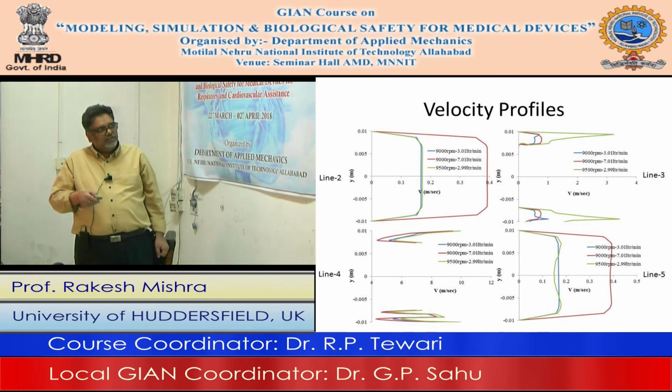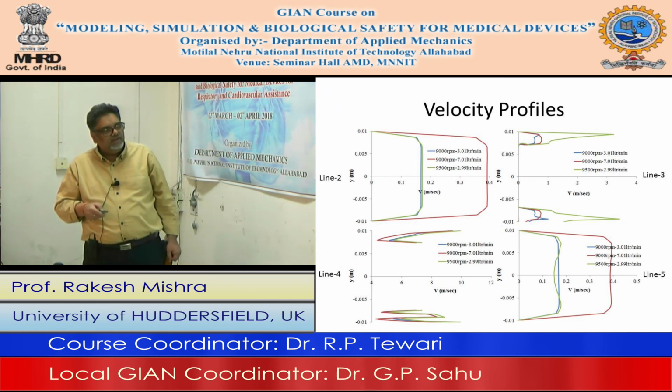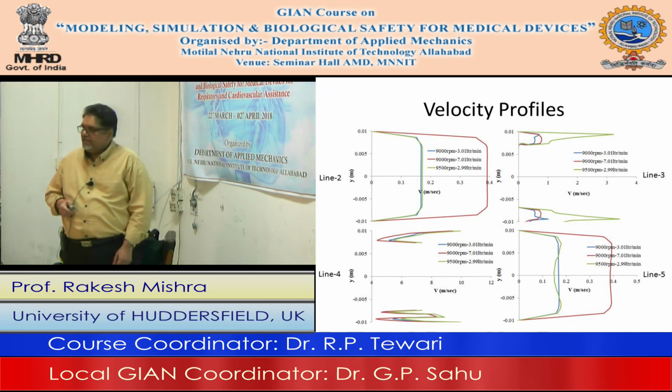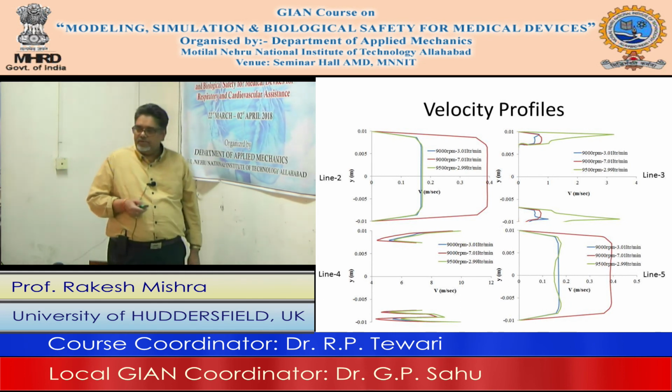So the helix pattern is affecting the flow on the left side and on the right side. And at the exit, again, the well-developed velocity profile pattern has been created. Now this indicates one thing, that because velocity profiles are different at different speeds and different flow rates, the shear stress will be different. And because shear stress is different in each case, it will affect the blood differently. Okay? Is it making sense?